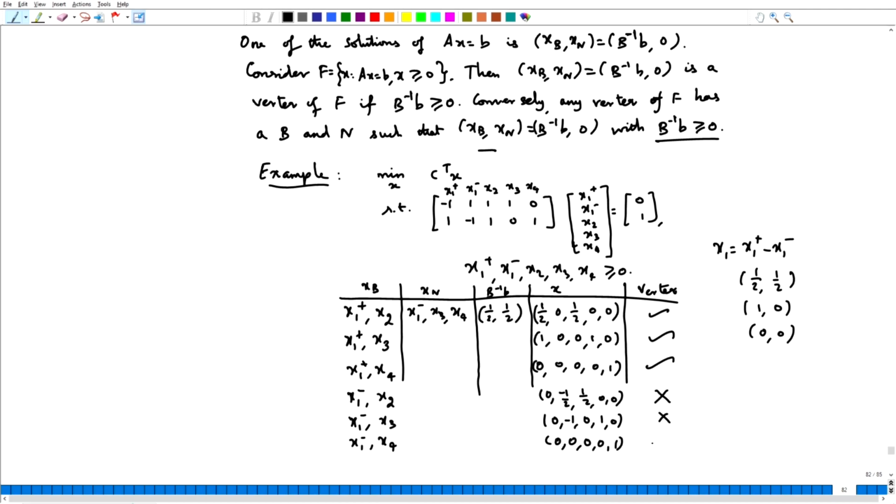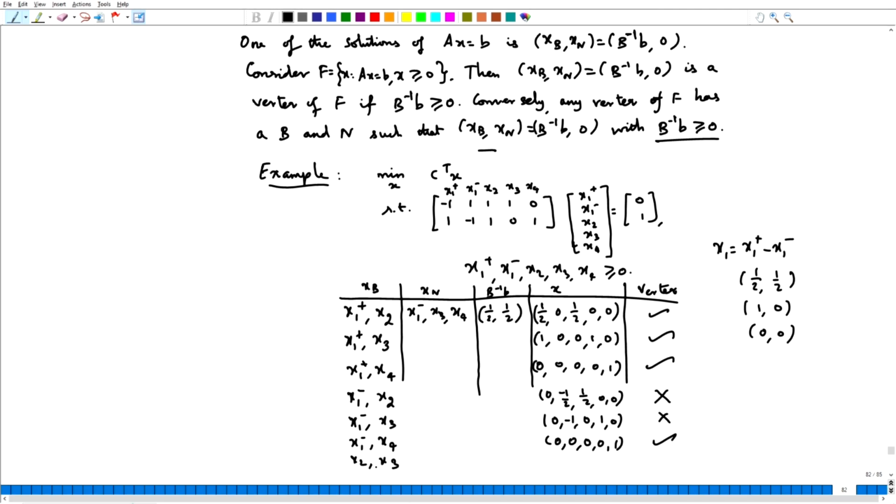So this is still a vertex because B inverse b is greater than or equal to 0, but you are getting 0 comma 0 again. So whether you choose x1 plus x4 or x1 minus x4, you get 0 comma 0 anyway, right. So that is okay. We still have 3 more to look at. We can look at x2 and x3.